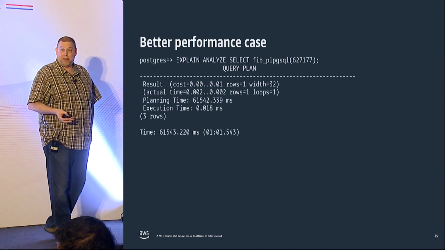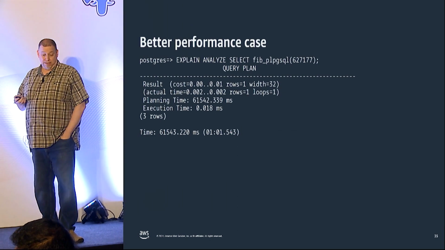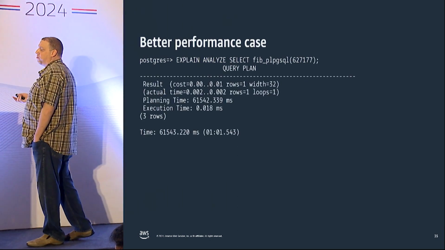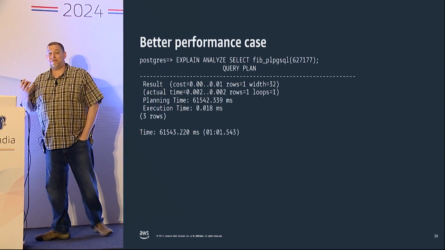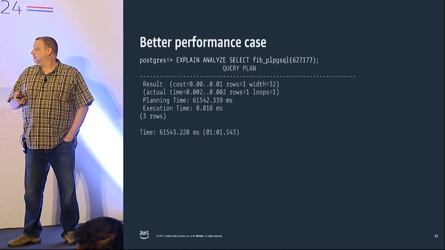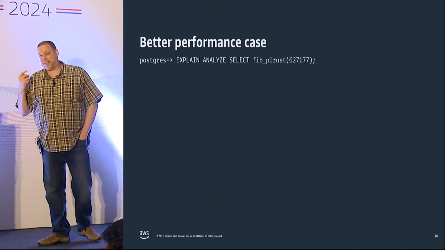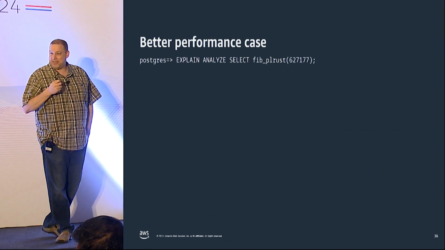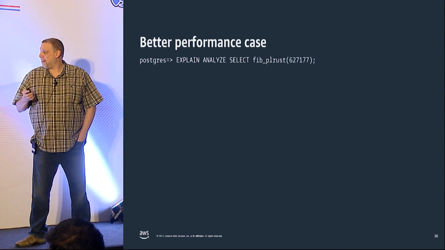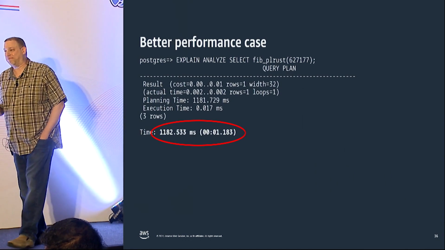Running this in PL/pgSQL, we got a really respectable 61 seconds to return that Fibonacci. That's pretty decent. What's the guess on how fast it runs in PL Rust? 1 second.